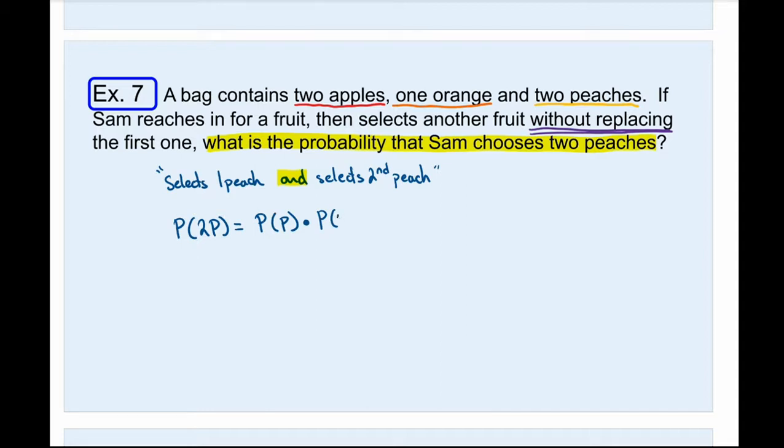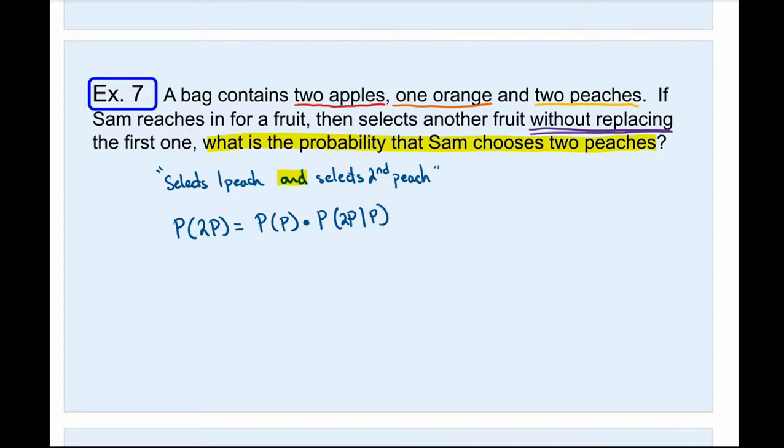So we'll say second peach given that he's not replacing it, or given that the first event has occurred.